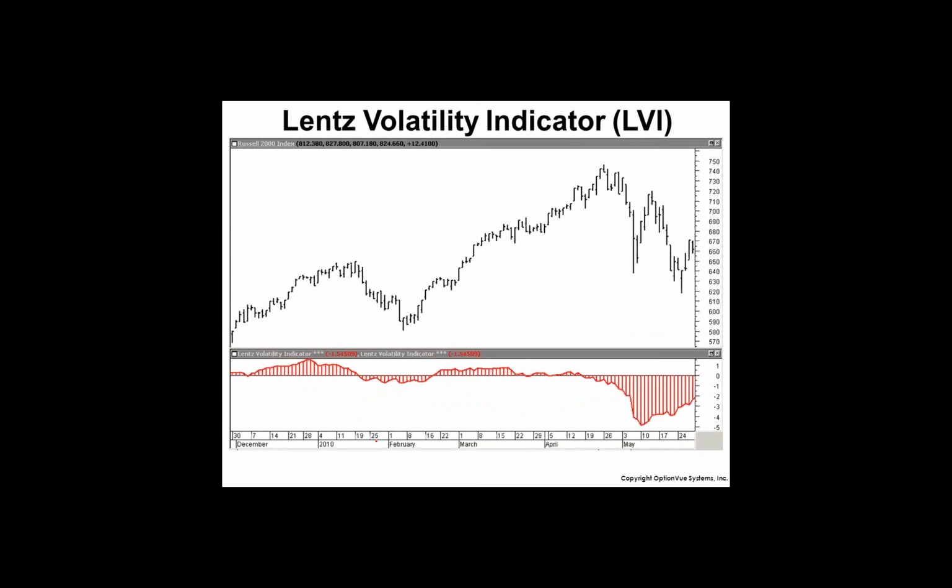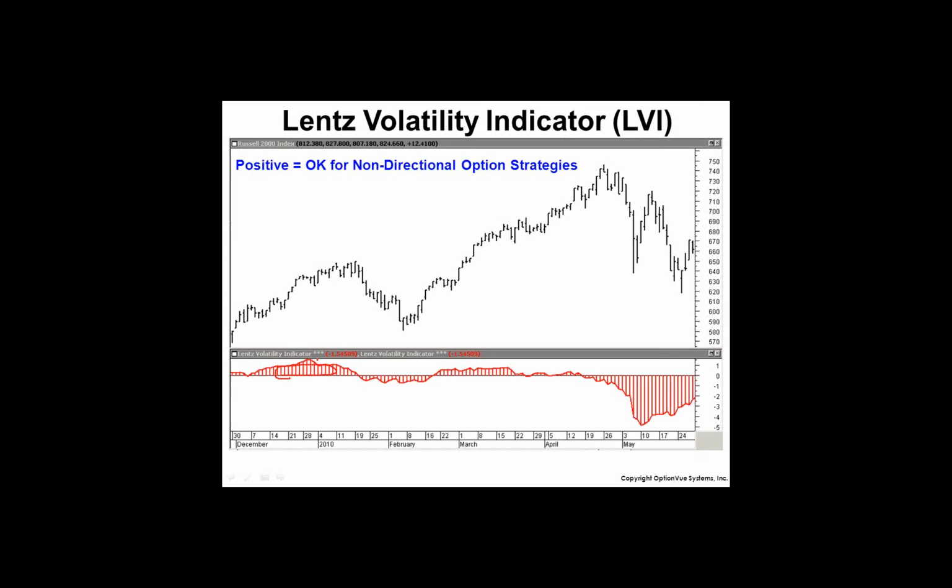We inverted it for this reason: when it's positive, that's when it's okay for us to do non-directional option strategies. When it's positive, statistical volatility is trending downward. It's underneath its moving average, and that's a good thing. We want to sell premium when it's positive.